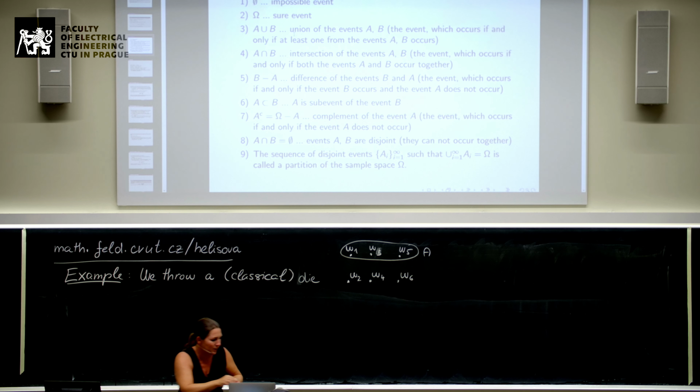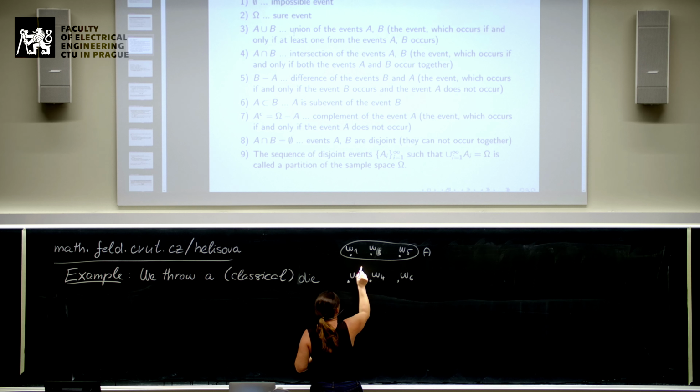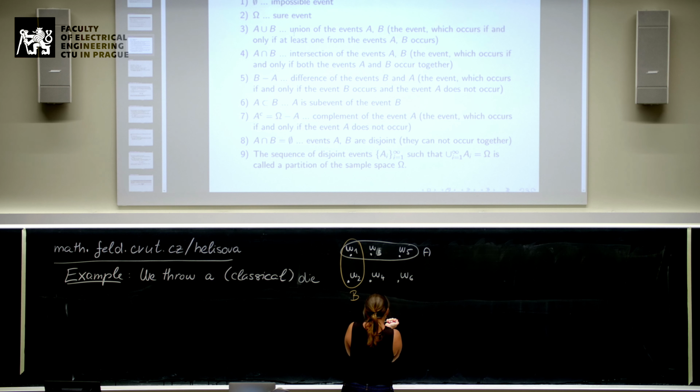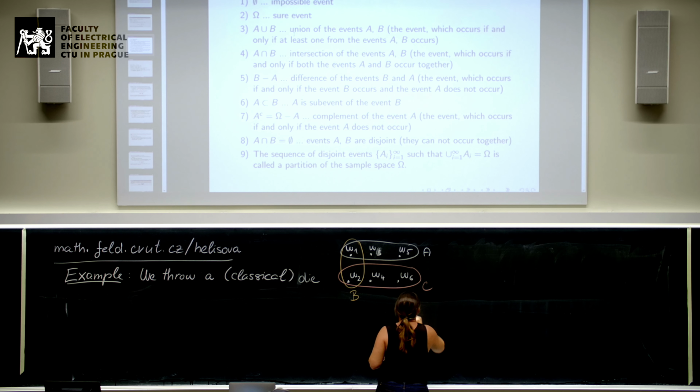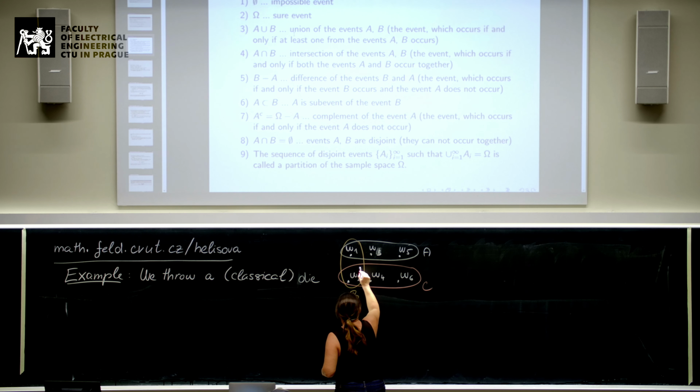So, for example, orange color, we will have the event B. Event C, that the number of spots on the die is even, is given by red color, and lila color will be used for D.